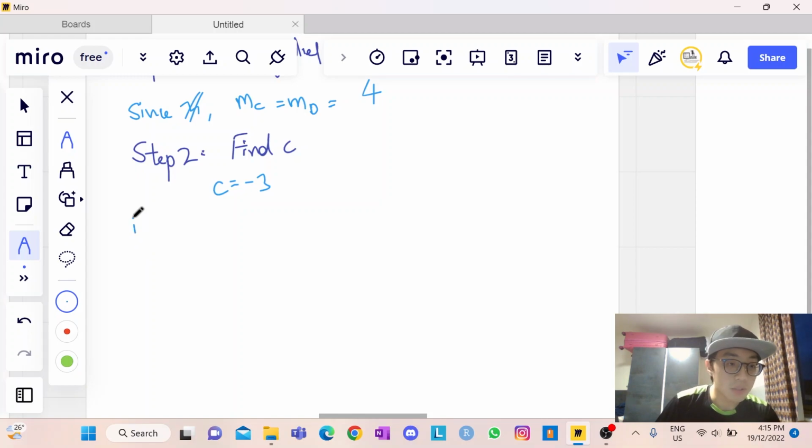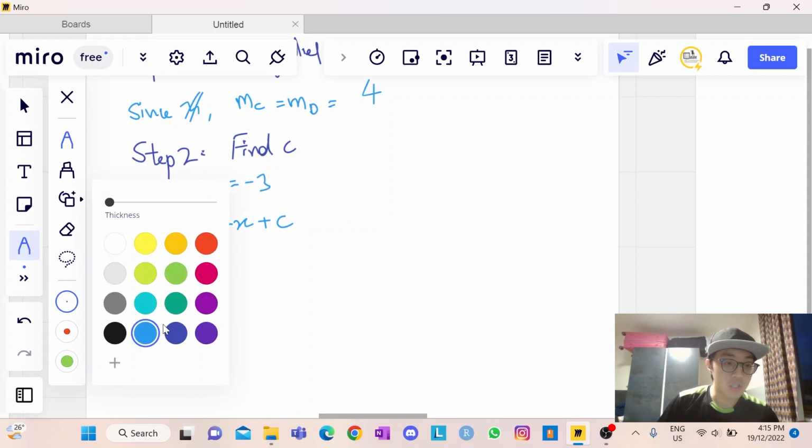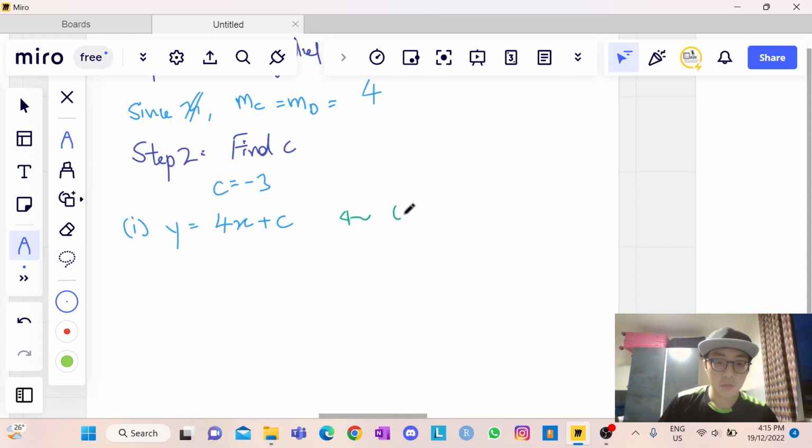So step number 1, y equals 4x plus c. This is the equation of D. You know that they have the same gradient, so y equals 4x plus c. At this point, considering you still don't know what the y-intercept is, we're going to be looking at it.